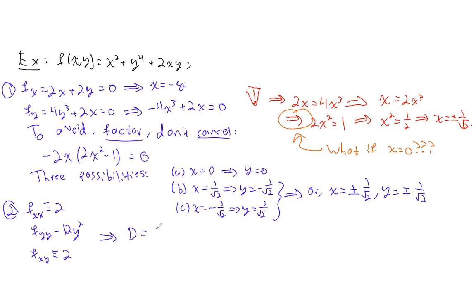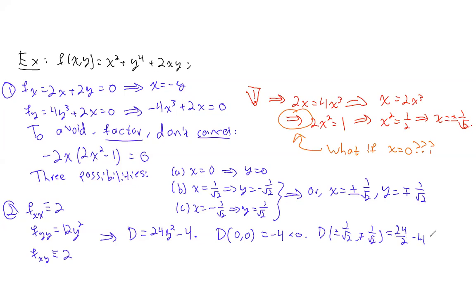So D, in other words, is 24y squared minus 4. So if you take D of 0, 0, that's negative 4, which is negative. And then D of, I'm going to do our little trick, plus or minus 1 over root 2, minus plus 1 over root 2 ends up not mattering because you're squaring y. So this becomes 24 over 2 minus 4.